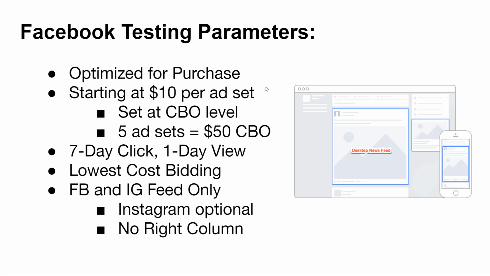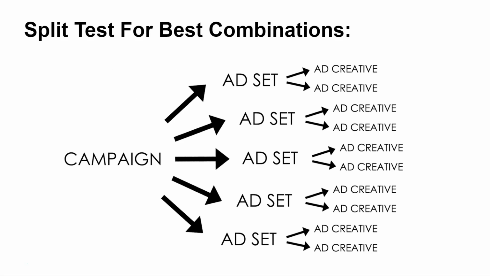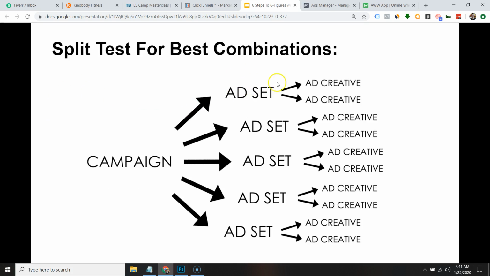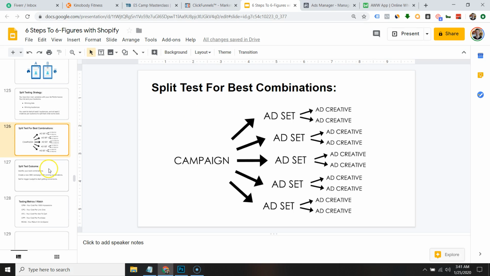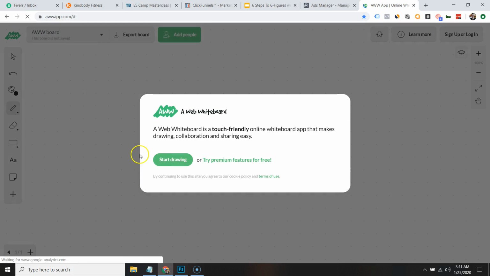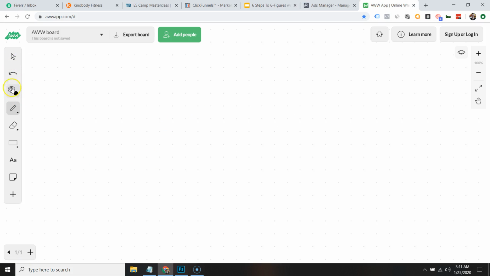Did I talk about this already? I'm setting a minimum spend per ad set. Okay, so let me just make sure that I cover this. What I'm going to do is have each ad set, so the campaign budget is set for $50, right?